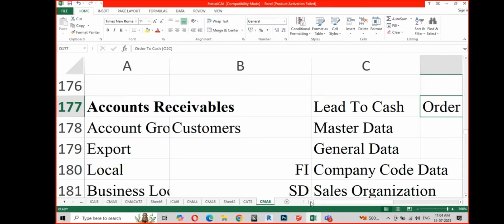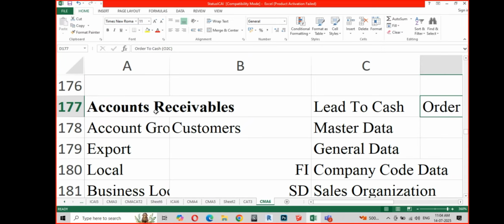Just like we categorized our vendors into imports and local, based on the geographical location and the business volume, the same logic applies to your customers also. Absolutely no difference.